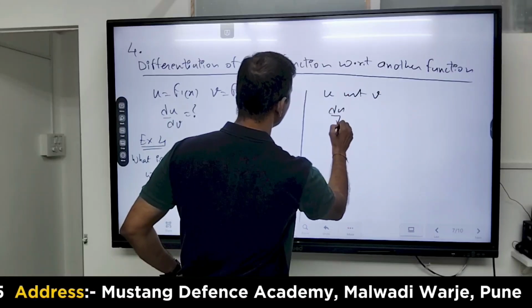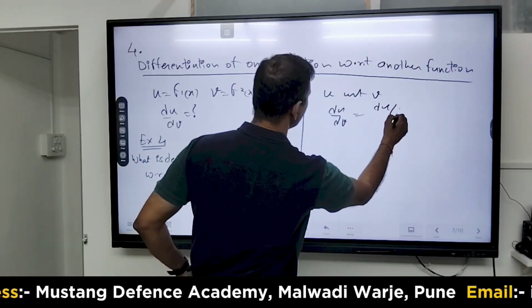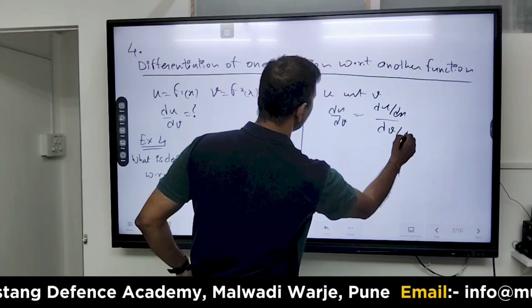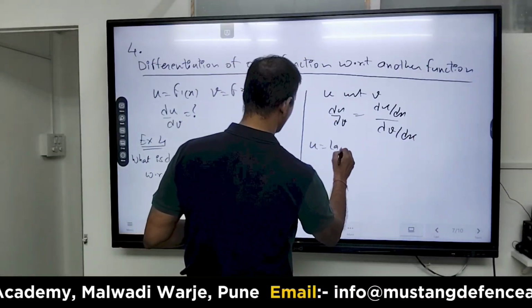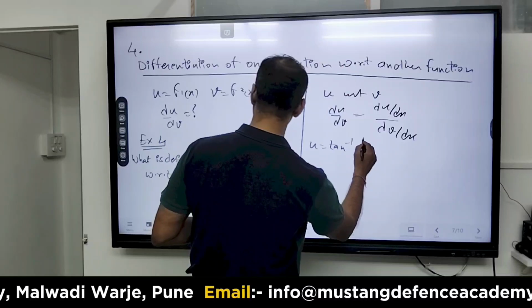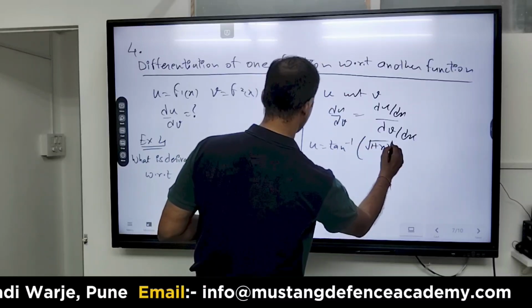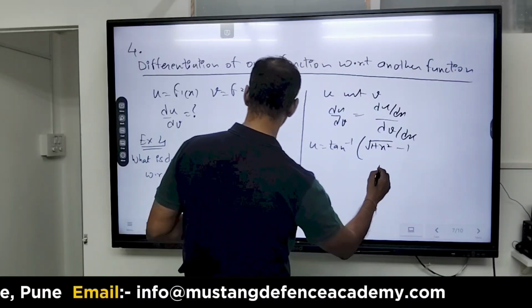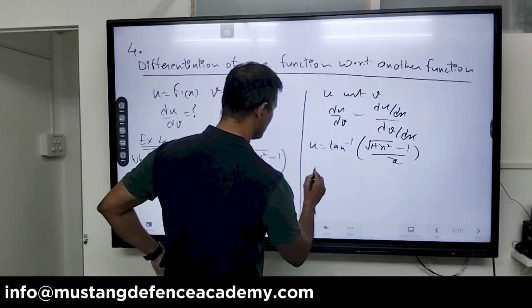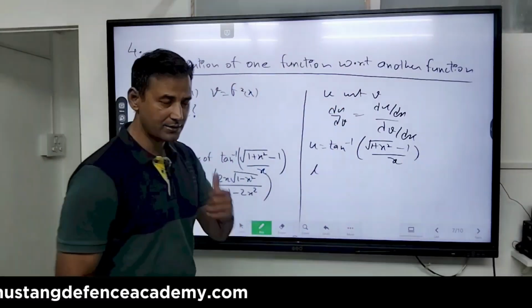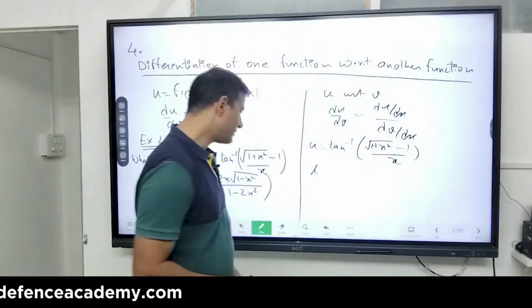So du by dv is equal to du by dx upon dv by dx. This is u. So u is equal to tan inverse of root of 1 plus x squared minus 1, the whole upon x.